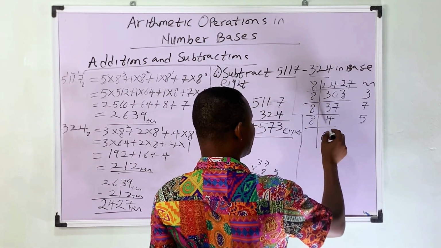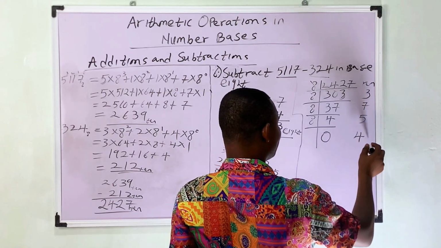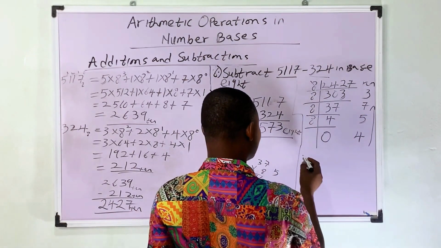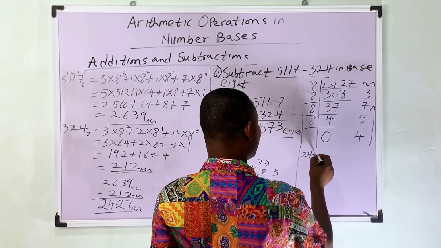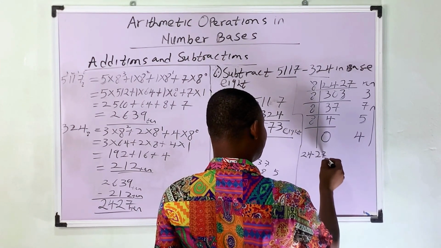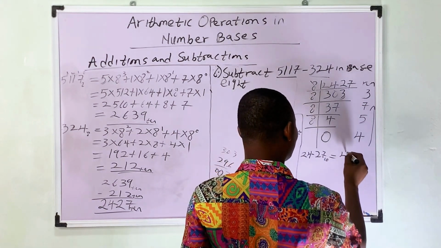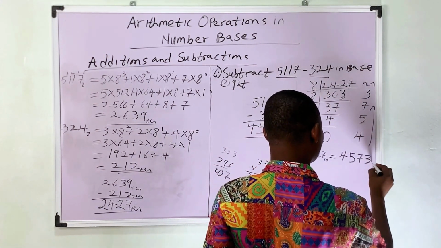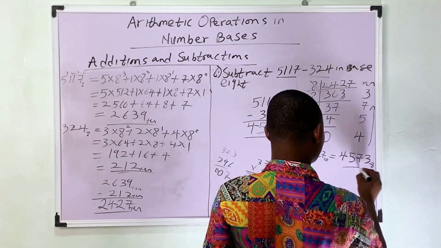We have 0 and remainder 4. We read from bottom to up. That shows 2427 in base 10 is equal to 4573 in base 8.